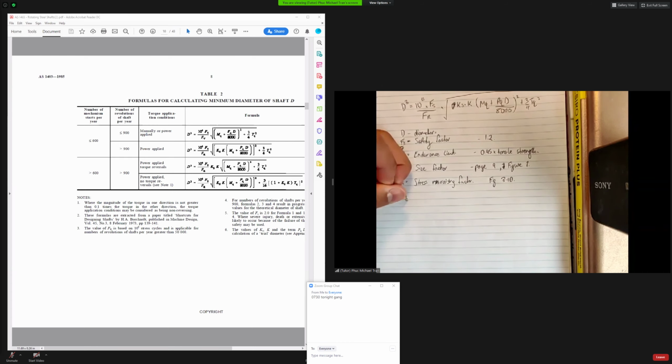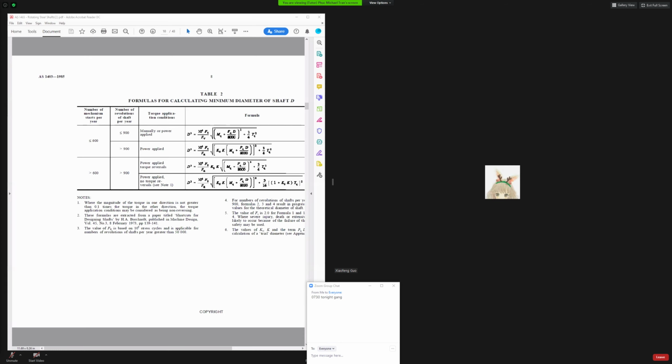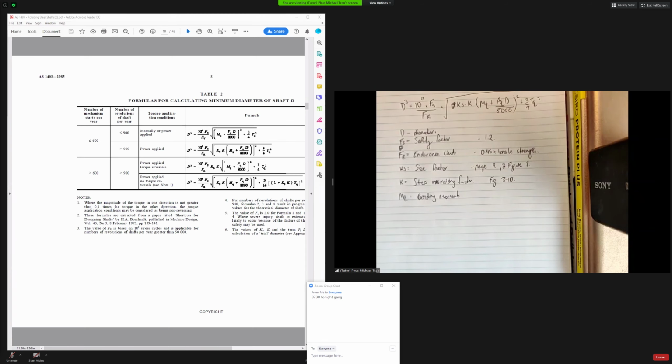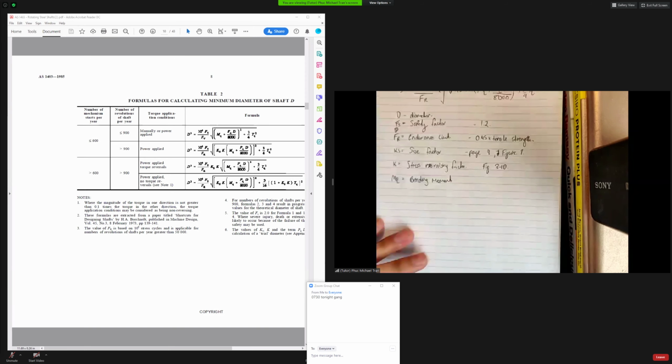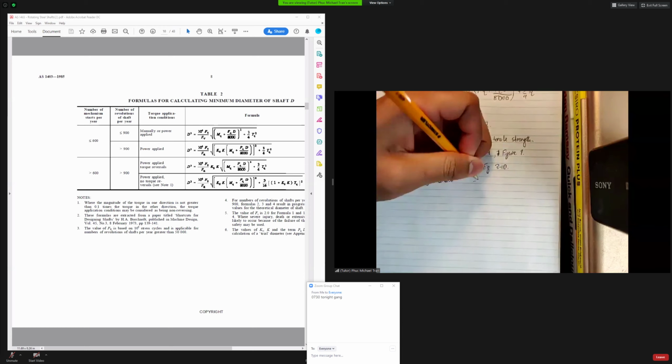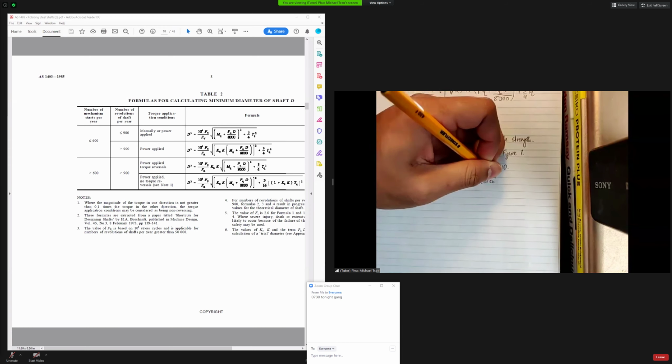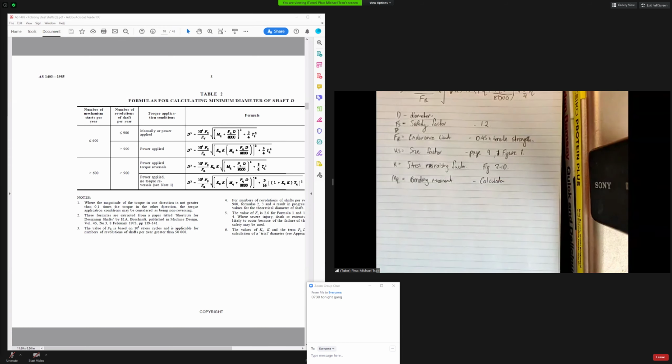MQ is your bending moment. Depending on what point of the shaft that you're looking at, it's going to have different bending moments and forces acting upon it. So you have to calculate that. PQ, axial forces.